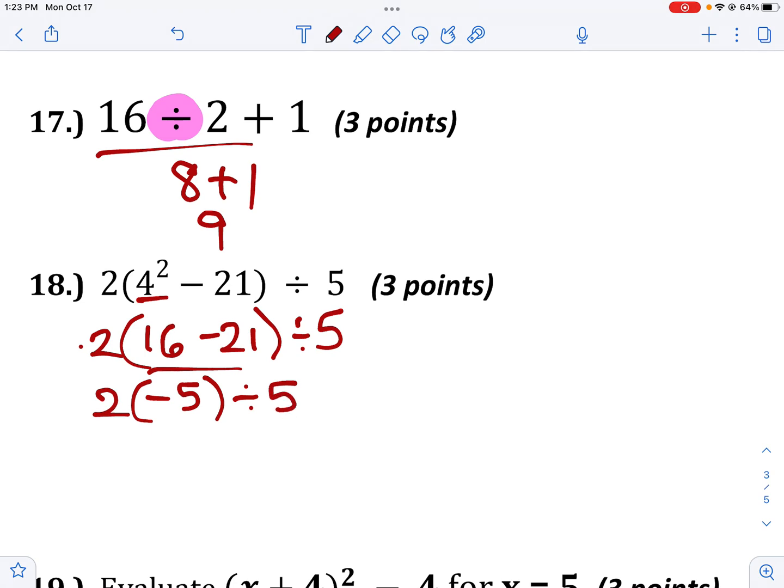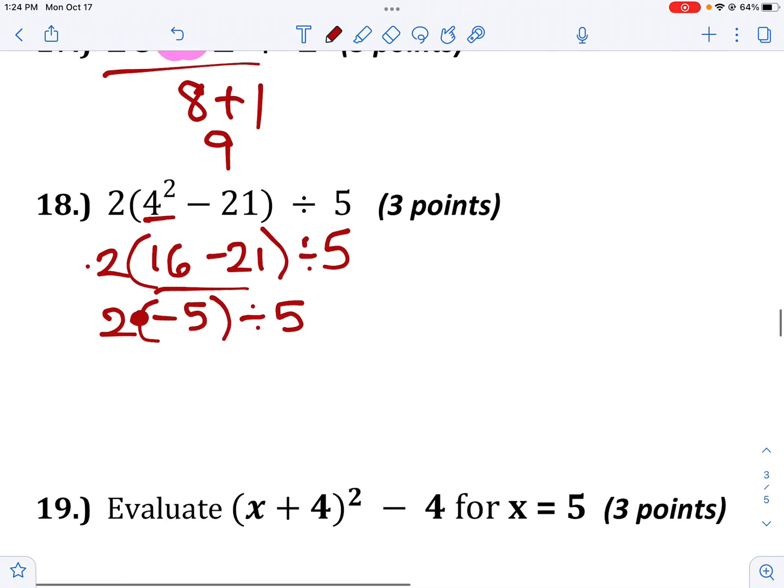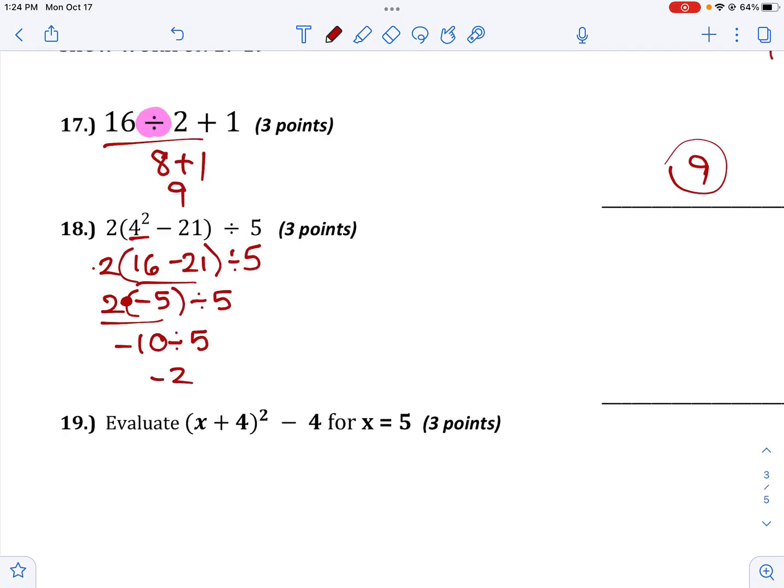And even though I have multiplication and division left in my problem, I have to simplify from left to right. So 2 times negative 5 is negative 10. Divided by 5 is negative 2. So this entire expression simplifies the whole way down to negative 2.